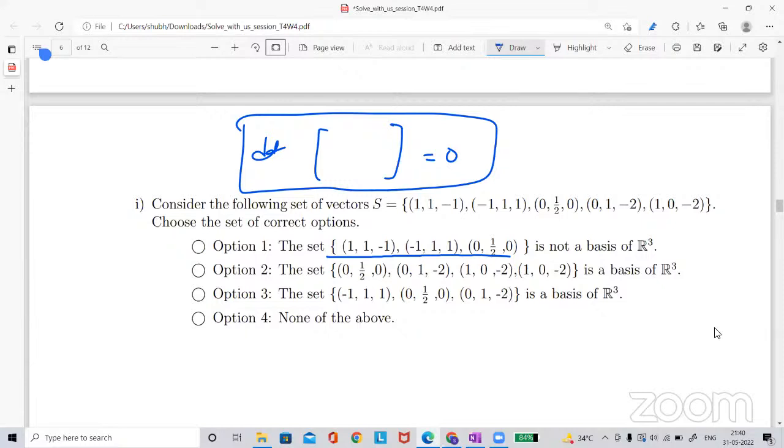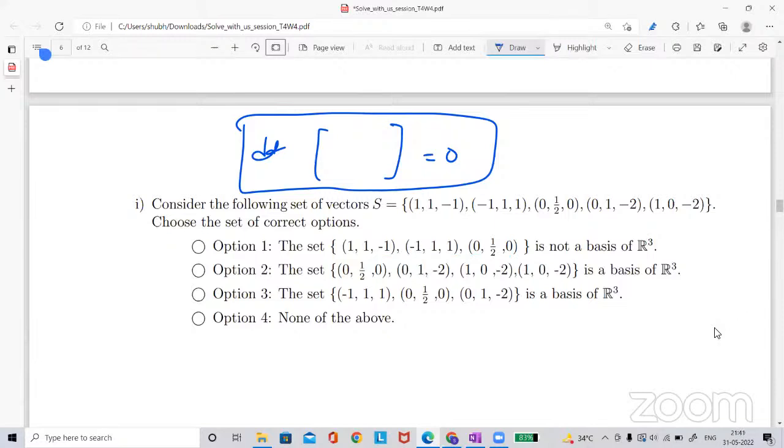In that case, this is not a maximal linearly independent set, so it doesn't follow, and this set is not a basis. That's why this option is true, because the word 'not' is in the negation term. In other words, this set is not a minimal spanning set.